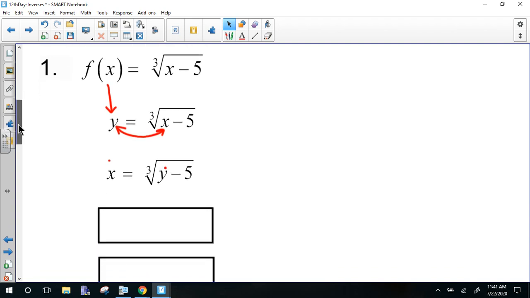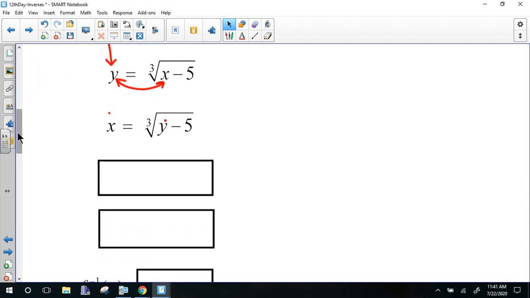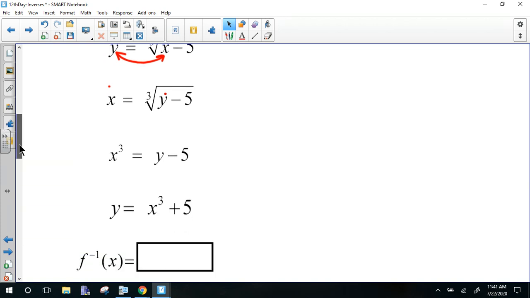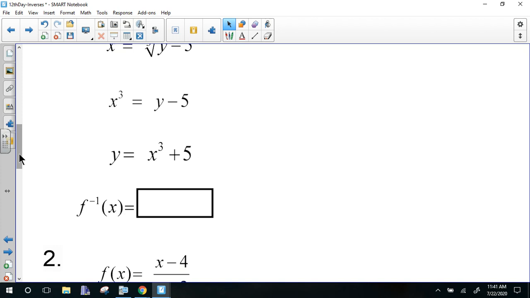So that means I've got to get rid of everything on that side with the y. How do I get rid of a cube root? I cube both sides. How do I get rid of a -5? I add 5 to both sides. And then I replace that y with f -1 of x. And that's my inverse.